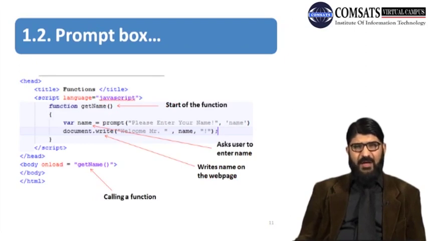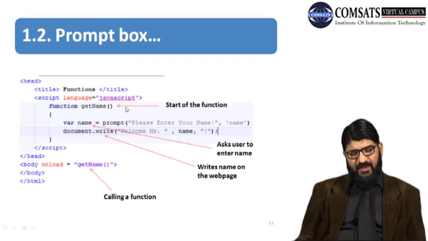Let's overview a detailed code for the prompt box. Here a head tag is mentioned, then the title tag, then the scripting language JavaScript is mentioned, and then the function keyword is mentioned, and the function getName is declared.